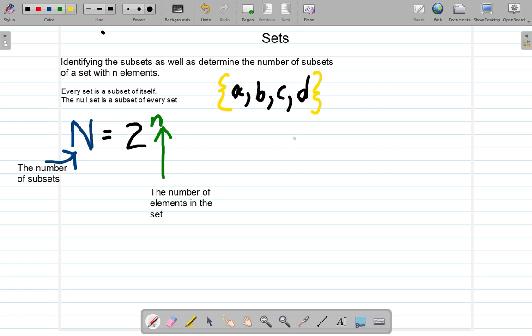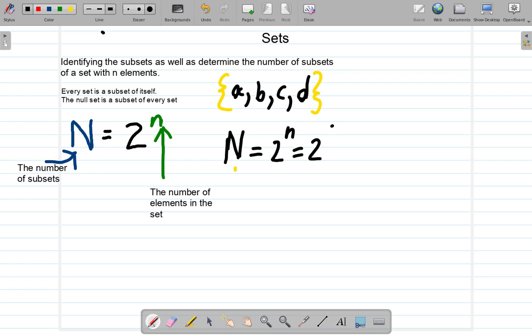Okay, you have done it, and you're back. Let's see what you did. What we have here is the number of subsets that you can get out of it is equal to 2 to the power of the number of elements in the set. How many elements do you have? 1, 2, 3, 4. There are 4 of them.